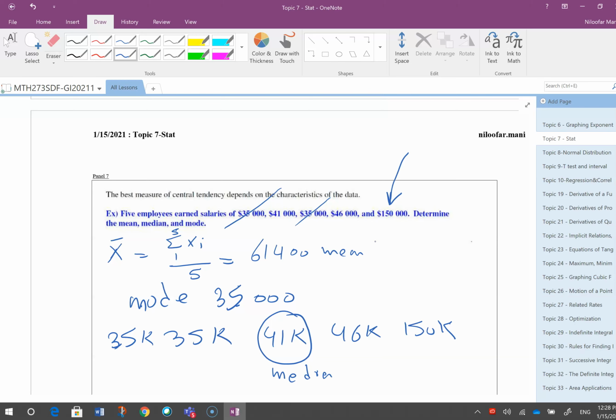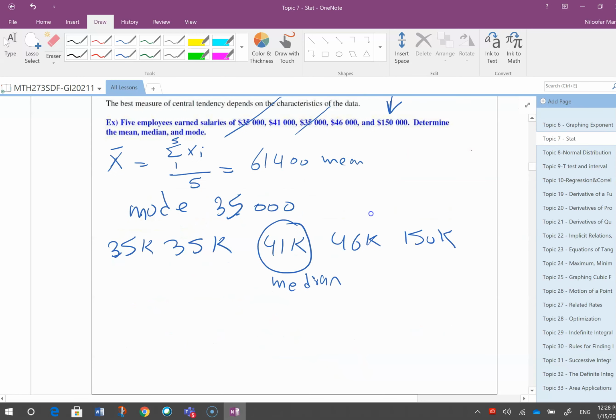It's close to exactly 2 of them, but not a good representative. A good representative here is median. So it doesn't mean always the mean, or always the median, or always the mode is the good representative. No, you have to do research about the example that you have.